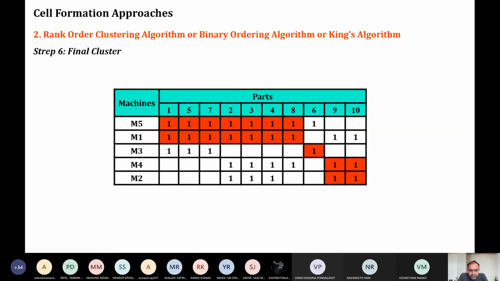Then you should arrange the machines from higher value to the lower value. So once you find no change in the decimal values for ranking, when there's no change in the ranking, then you can stop the iteration there, and you can form the clusters. So that could be the possible way of doing it.